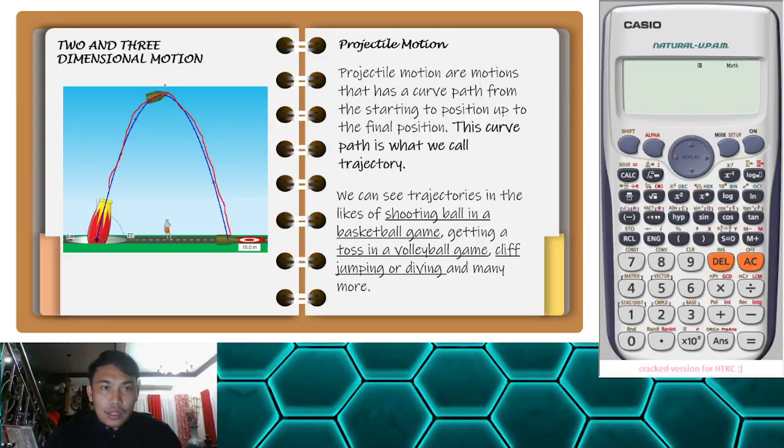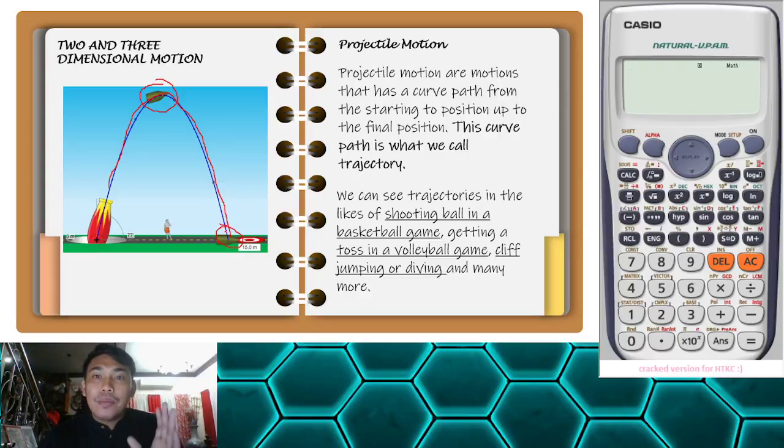This is where the cannon has fired. This is a shell, and this blue line is its path until it reaches this position. Okay, so that is our example of projectile motion.